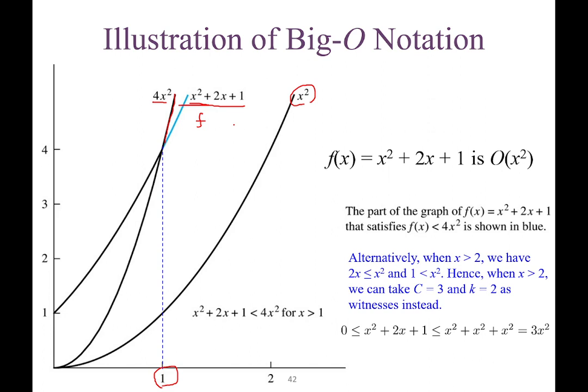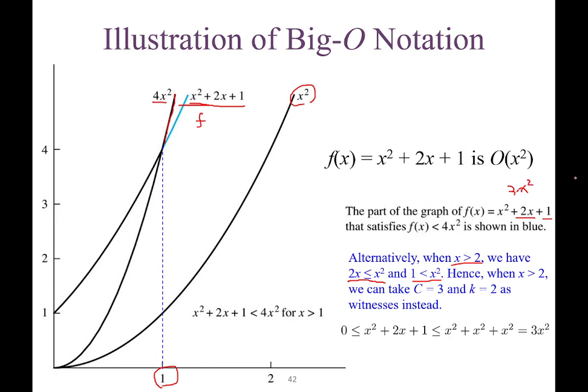Of course, we can find another pair of witnesses. For example, when x is larger than 2, then 2x is less than x squared. You can choose x equals 3, so 2 times 3 is 6, which is less than 3 squared, which equals 9. And 1 is also less than x squared when x is larger than 2. So we can replace 2x and 1 by x squared and x squared, so in total we will have 3 times x squared.